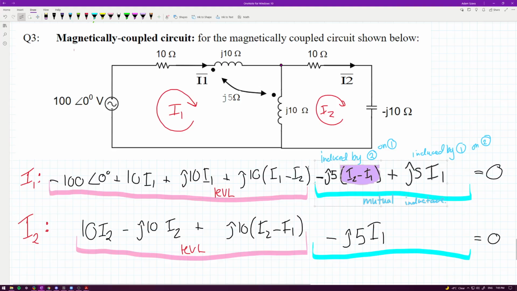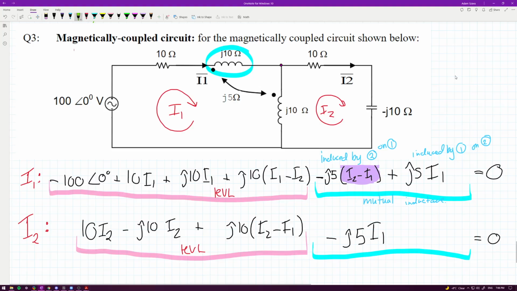Someone asked, why is the second one negative J5 I1? So negative J5 I1, this one here, that's what you're asking? Yeah, that one comes from our I2 circuit, so let's go through that. Our I2 loop. We've accounted for this, this, and this already in the pink section there. Now this inductor is inducing a voltage across this inductor.